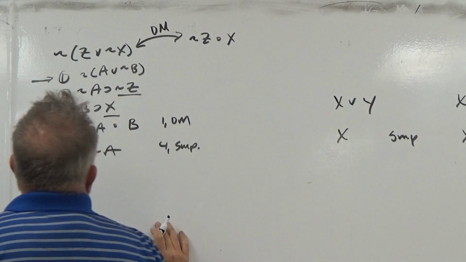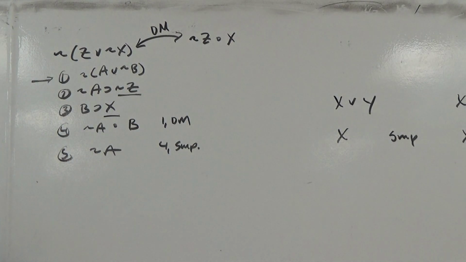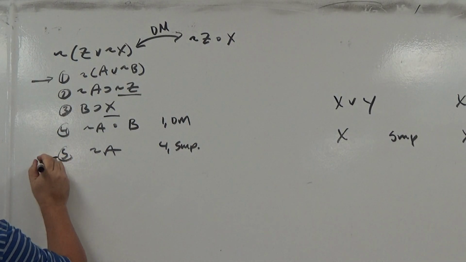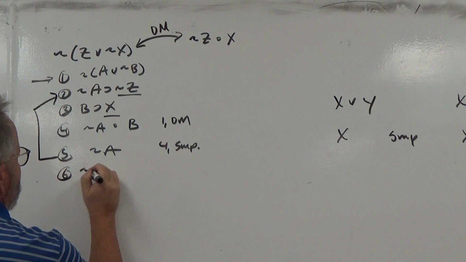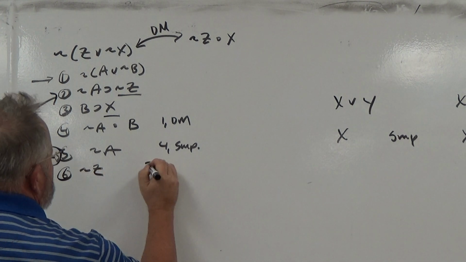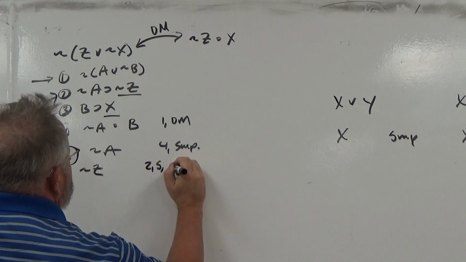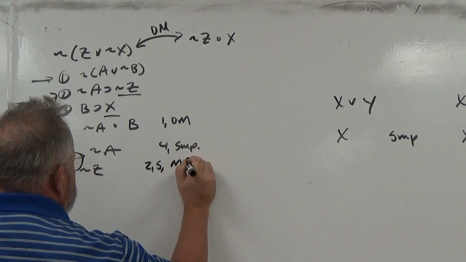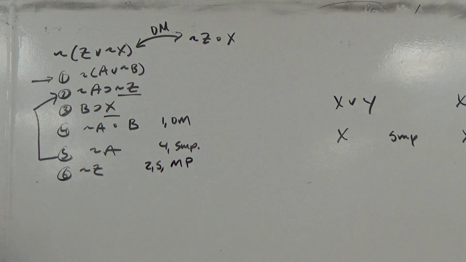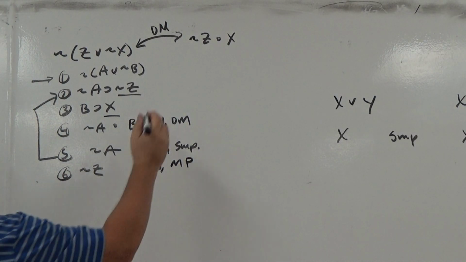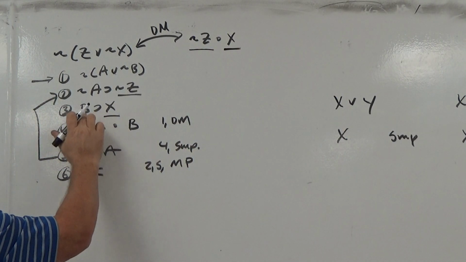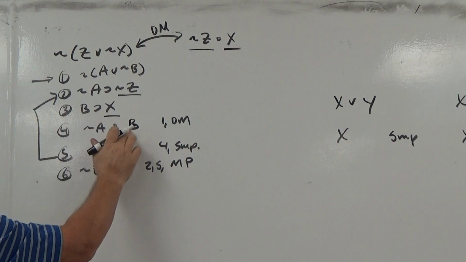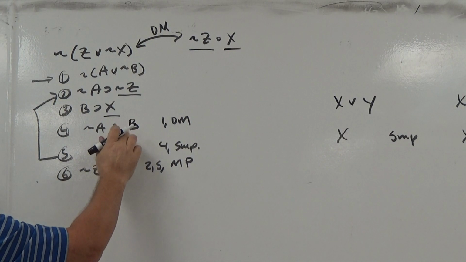Okay. So, I got my not A, and I'm going to use it to get not Z. So I get not Z from 2 and 5 by modus ponens. Okay? There's my not Z. I got this. Now I need to get an X. I can get an X if I have a B. There's my B. And this is where people cheat.